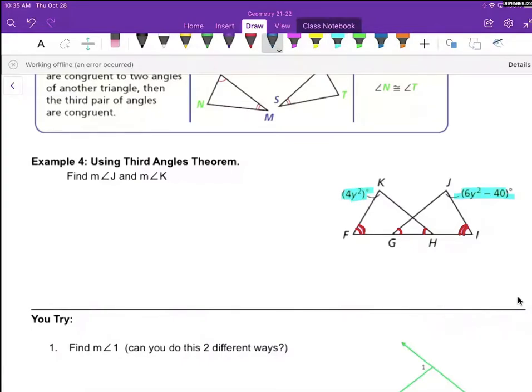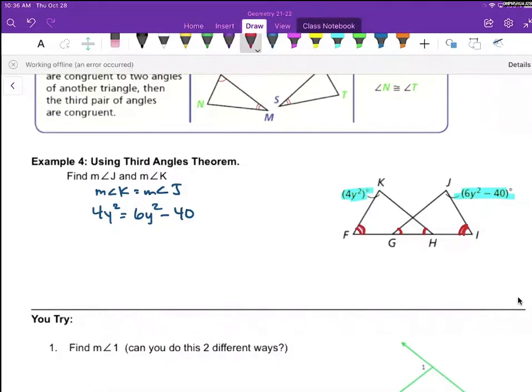And so we can say measure of angle J equals measure of angle K, and we can plug our numbers in. I'm going to keep it like this. Measure of angle K equals measure of angle J. 4y squared equals 6y squared minus 40.